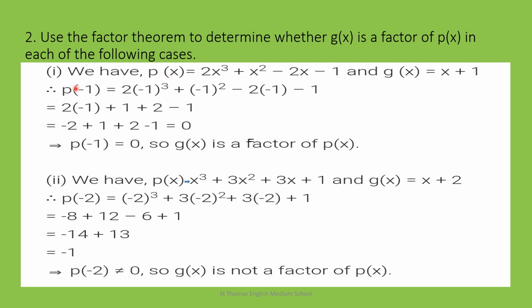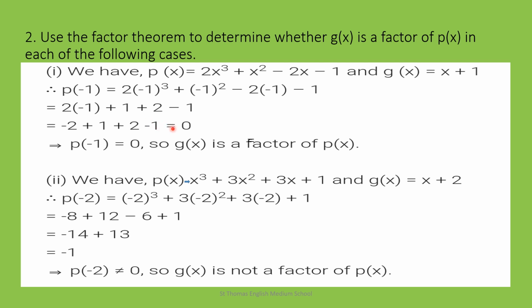That is p of minus 1 equal to, you are replacing x by minus 1 in the given polynomial, you are getting 2 multiplied by (minus 1) cube plus (minus 1) square minus 2 multiplied by minus 1 minus 1. That is 2 multiplied by minus 1 cube is minus 1 plus minus 1 square is plus 1 minus 2 multiplied by minus 1, that is plus 2 minus 1 equal to minus 2 plus 1 plus 2 minus 1.